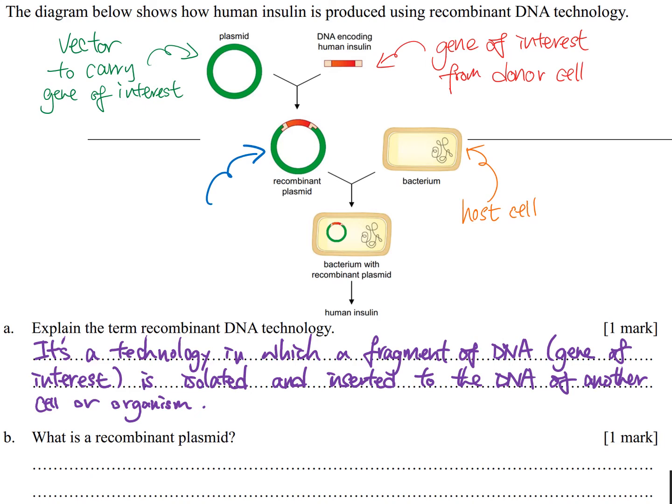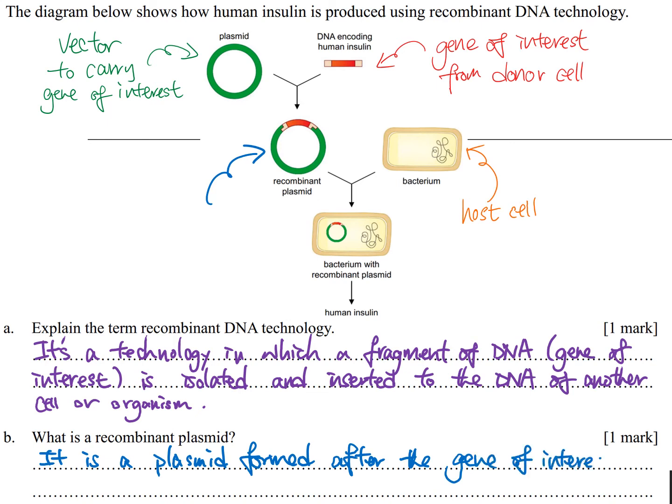So a recombinant plasmid is a plasmid formed after the gene of interest from the donor cell is inserted into the plasmid. So this is the meaning of a recombinant plasmid.